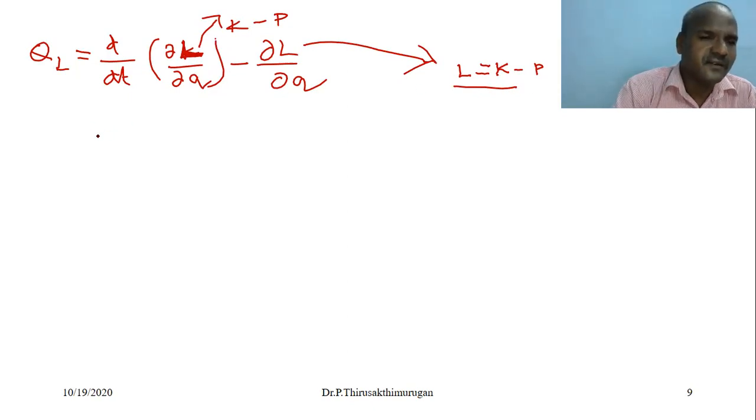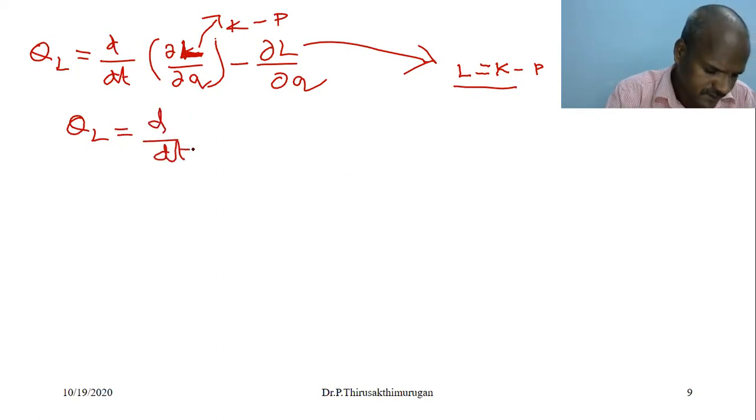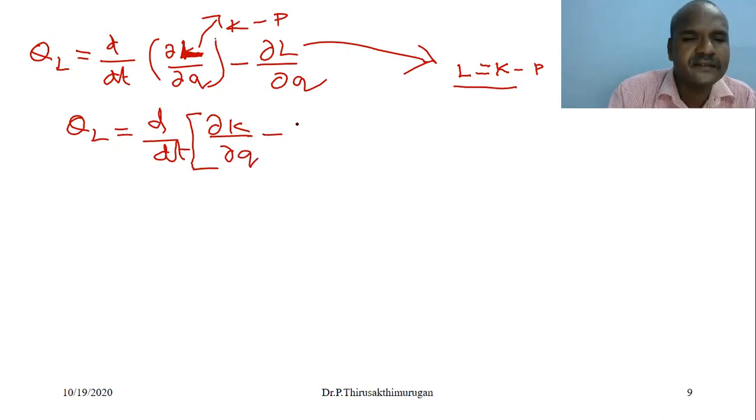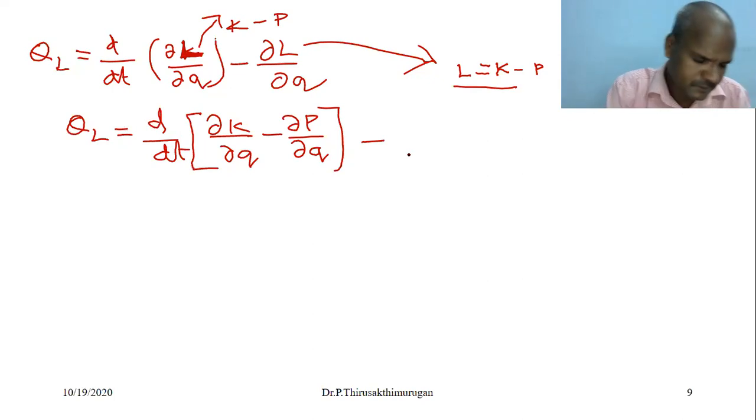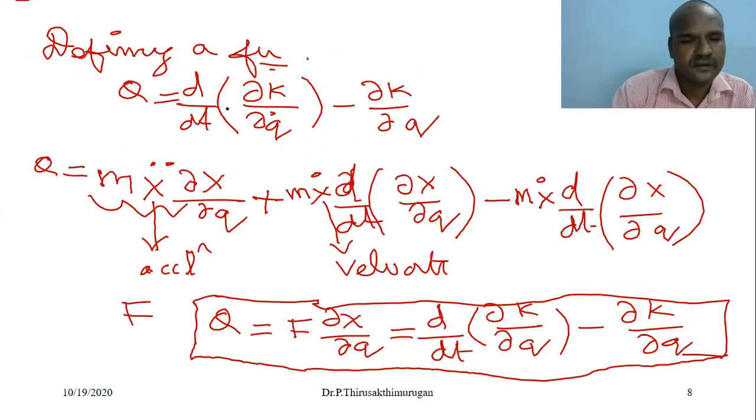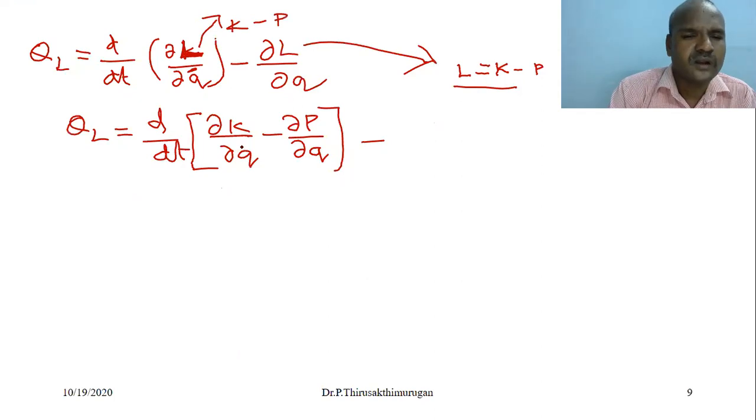If you substitute here, what we get is QL equal to d by dt of dou K by dou Q dot minus dou P by dou Q dot, sorry, here we put Q dot wherever there is Q dot.